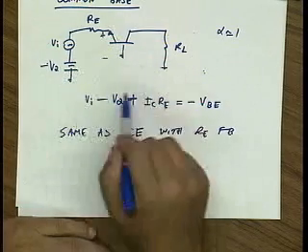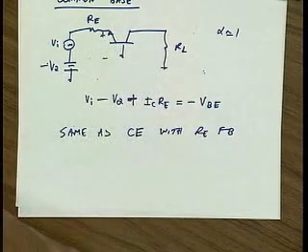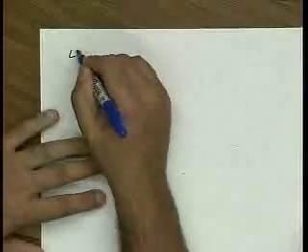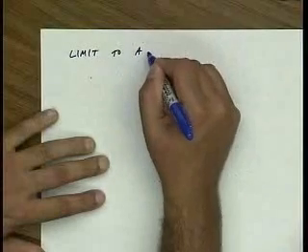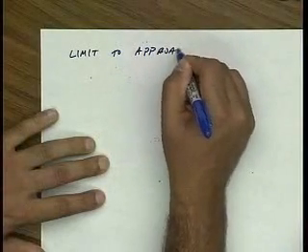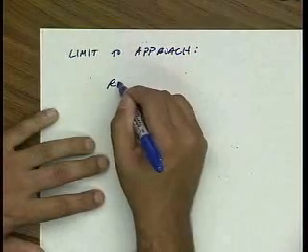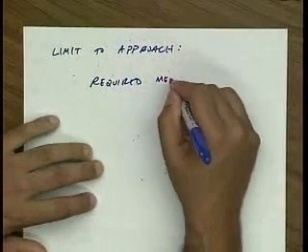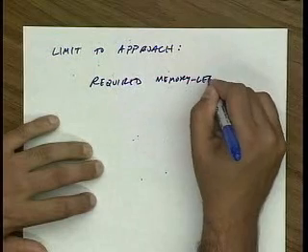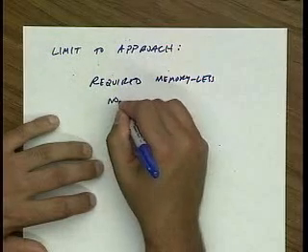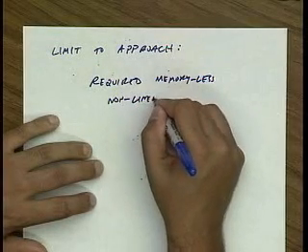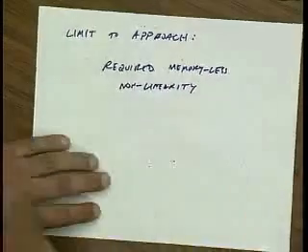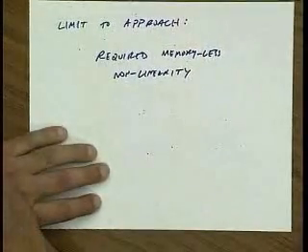So everything we've looked at has been what we called memoryless distortion. So the only limit to this approach was that we required memoryless nonlinearity. Now, let's re-examine that assumption.